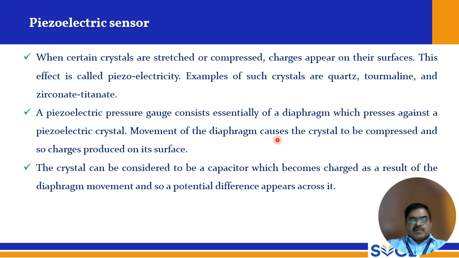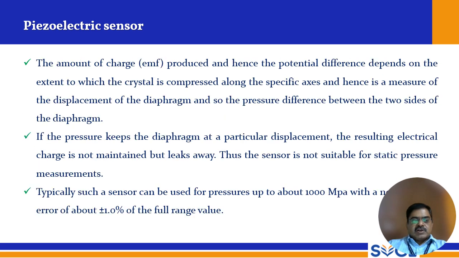Movement of the diaphragm causes the crystal to be compressed, and so charges are produced on its surface. The crystal can be considered to be a capacitor which becomes charged as a result of the diaphragm movement, and so a potential difference appears across it. So this is an active type transducer or sensor.